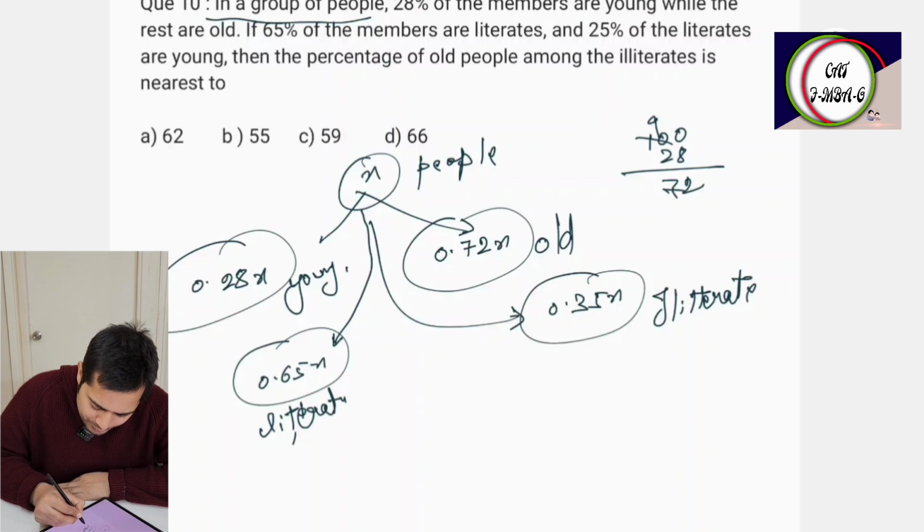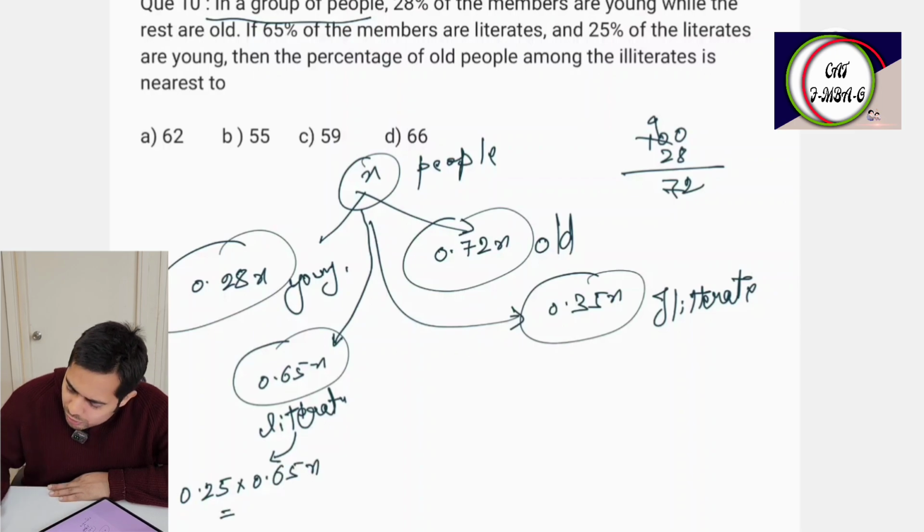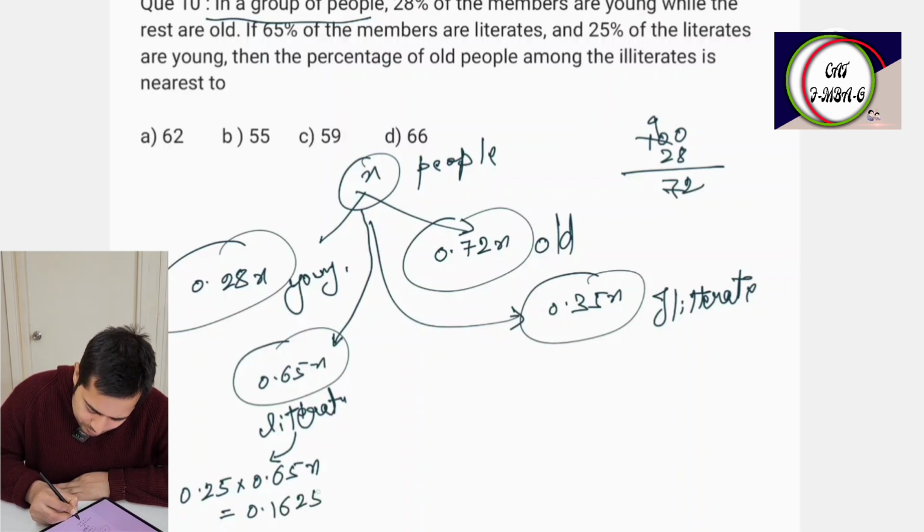So 25% of these literates, so 0.25 into 0.65x. Let me solve this with the help of a calculator to be fast. So 0.25 into 0.65 is 0.1625x. These are young literates.